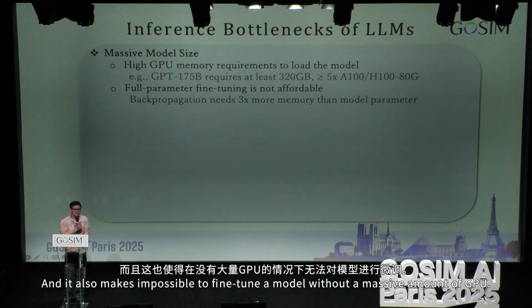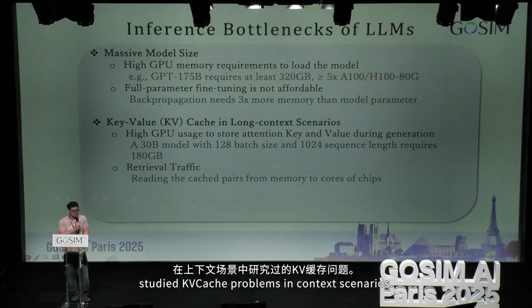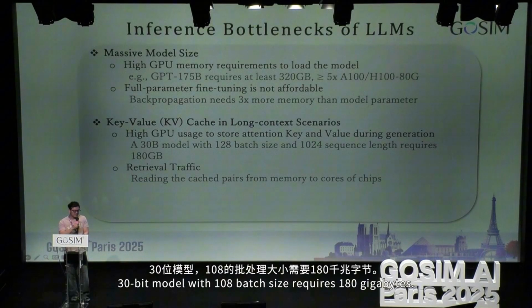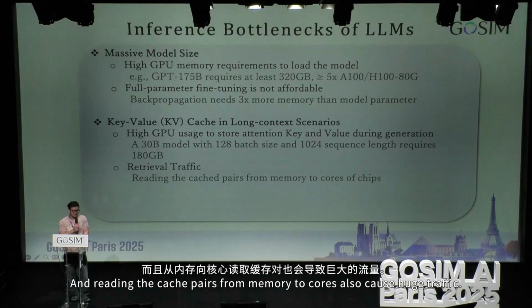It also makes it impossible to fine-tune a model without a massive amount of GPUs. Another well-known, well-studied problem is the KV cache in long-context scenarios. A 30B model with a batch size of 128 probably requires 180 gigabytes, and reading the cache pairs from memory to cores also causes huge traffic.